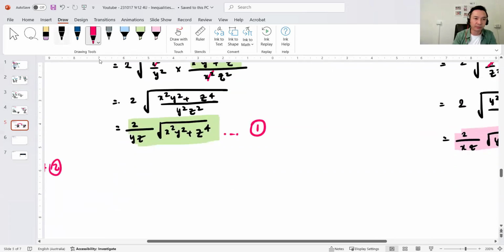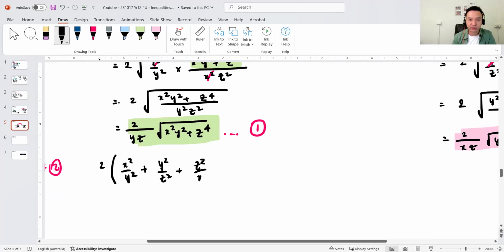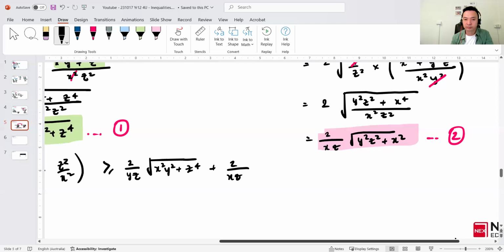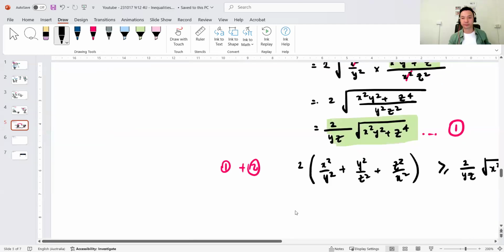Yeah, I get therefore 2 lots of x squared over y squared over z squared over x squared is greater than or equal to 2 on yz, x squared y squared plus z^4, plus 2 on xz, root y squared z squared plus x^4, divided all by 2.